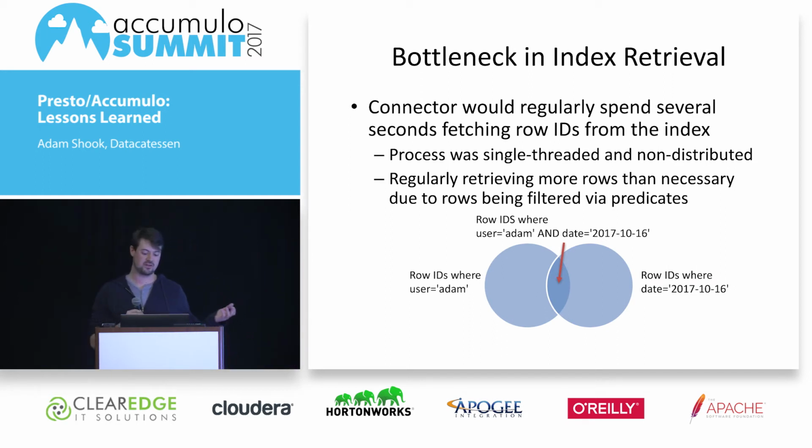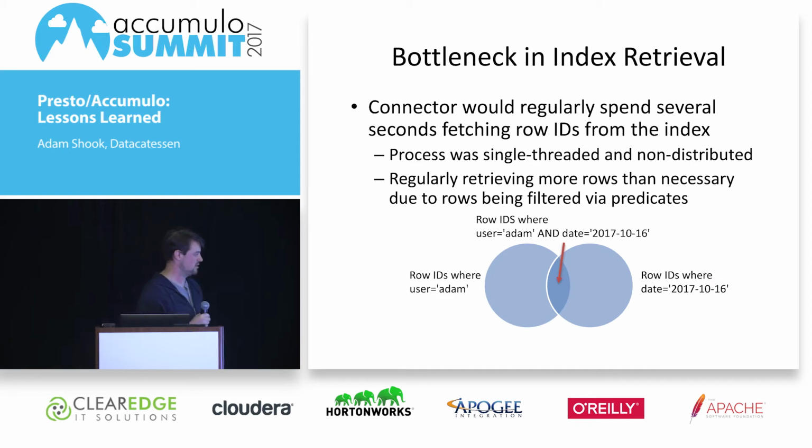If you're running a SQL query that says, give me the row IDs where user is Adam and the date is today, what it would do is scan all of the row IDs where the user is Adam. Every single time Adam has ever sent a message, we're tracking that row ID inside Accumulo. I've sent a lot of messages over the past years, so all of those row IDs are stored inside the index.